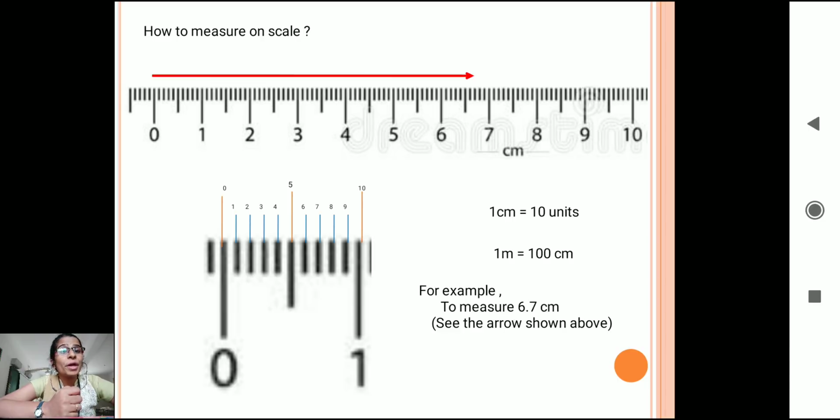And 1 meter is equal to 100 centimeter, which we have learned in the earlier chapter and in the previous class also. So imagine, when we made the 1 meter scale, you made these units too, right? And the 1 meter scale has 100 centimeter. So so many units we have made, isn't it? So are you clear with the scale, children? How to measure with the scale?